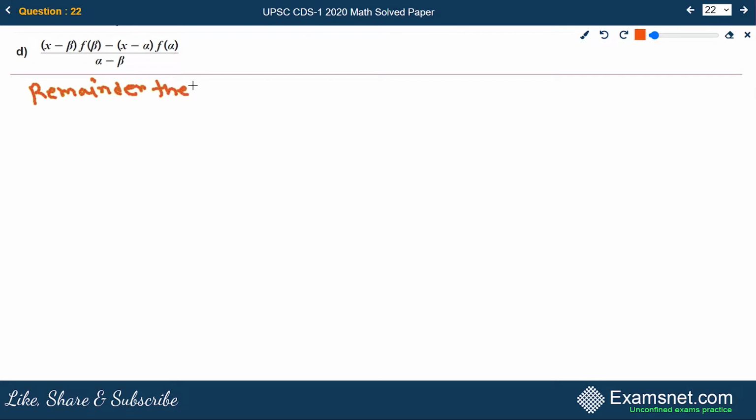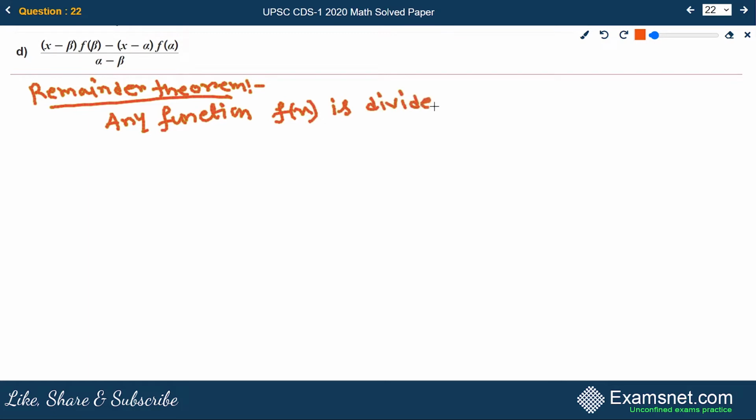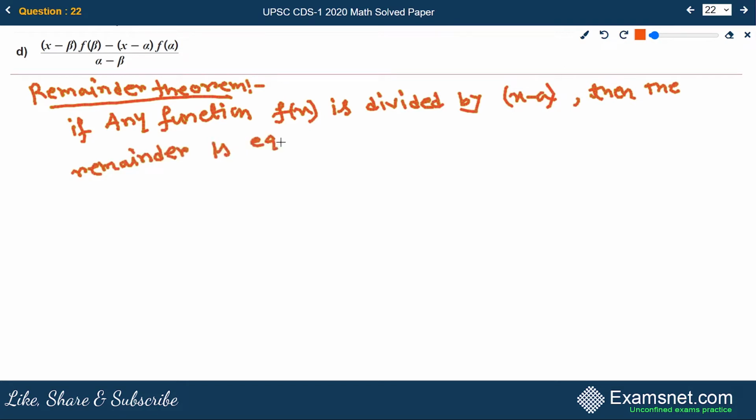Remainder theorem, I will write the statement first. What does it state? If any function f of x is divided by x minus a, then the remainder is equal to f of a.